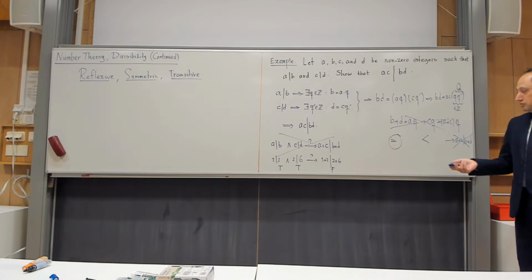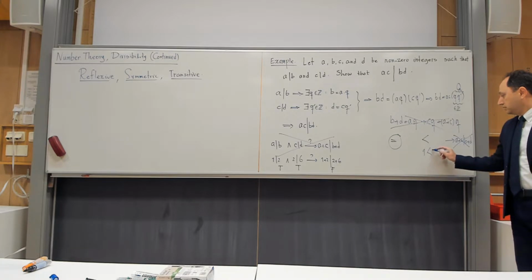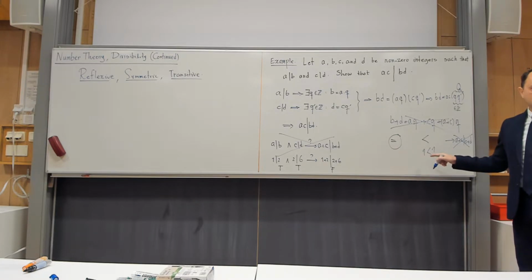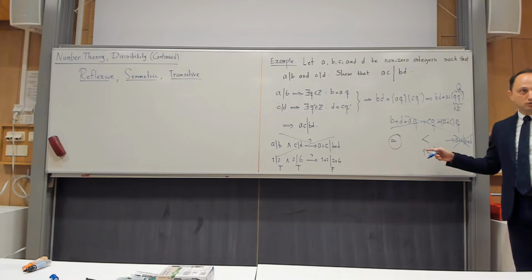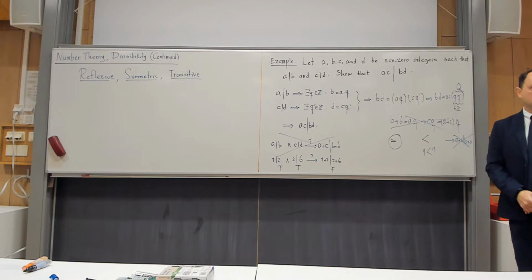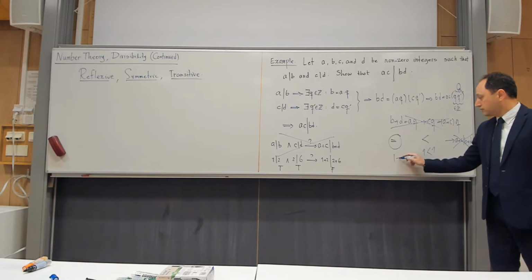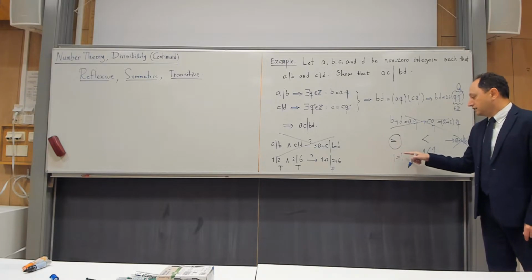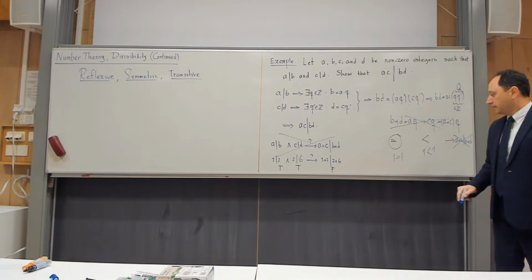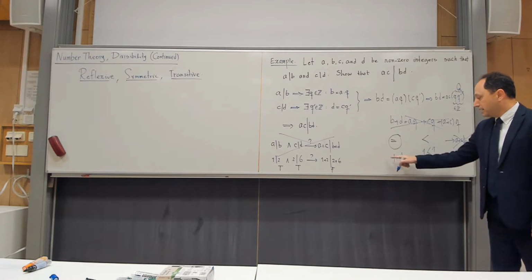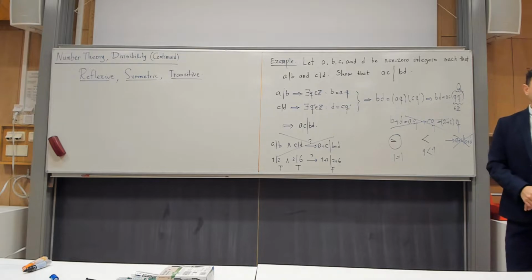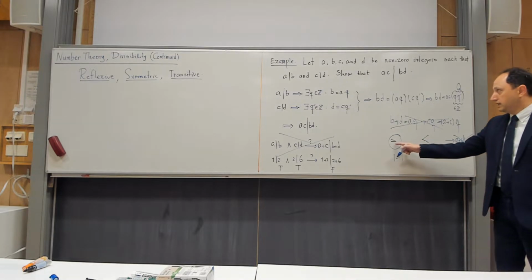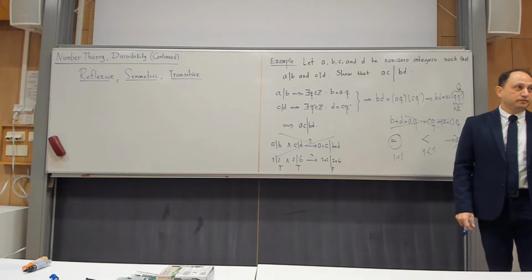No, because if I write 1 smaller than 1, this is a false statement. So 1 is not related to 1 by this relation. Yes? But 1 equals to 1 is true. So it means that 1 is related to itself by this relation. Not only 1, any number is related to itself by this relation. So this means that equality relation is reflexive.